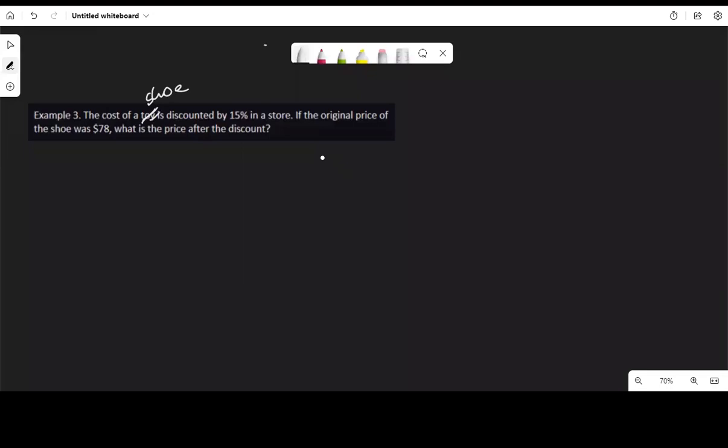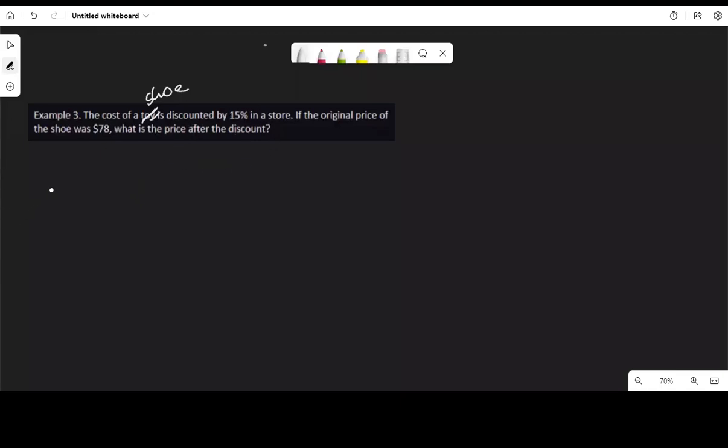If the original price of the shoe was $78, what is the price after the discount? So the original price is $78, but this price has been reduced by 15%. So what is the price after the discount? Here I'm going to use the two methods.